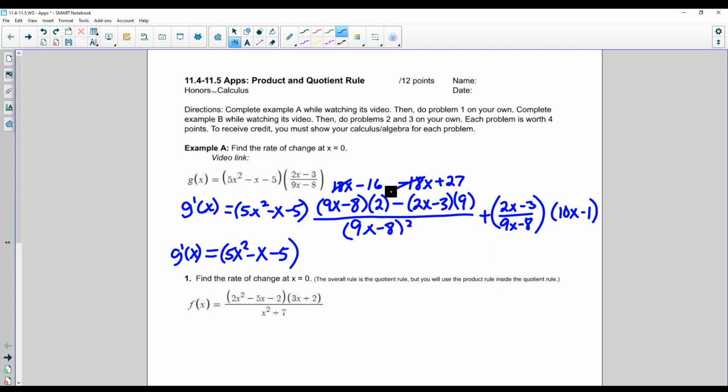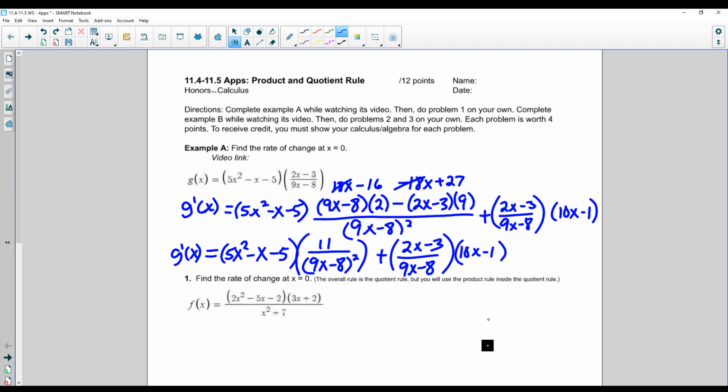My 18x's will cancel. I'll end up with negative 16 and 27 put together is 11. So I'm going to have 11 over my 9x minus 8 squared. That was worth doing because it made my life easier. And I still got my 2x minus 3 over 9x minus 8 over here times 10x minus 1.